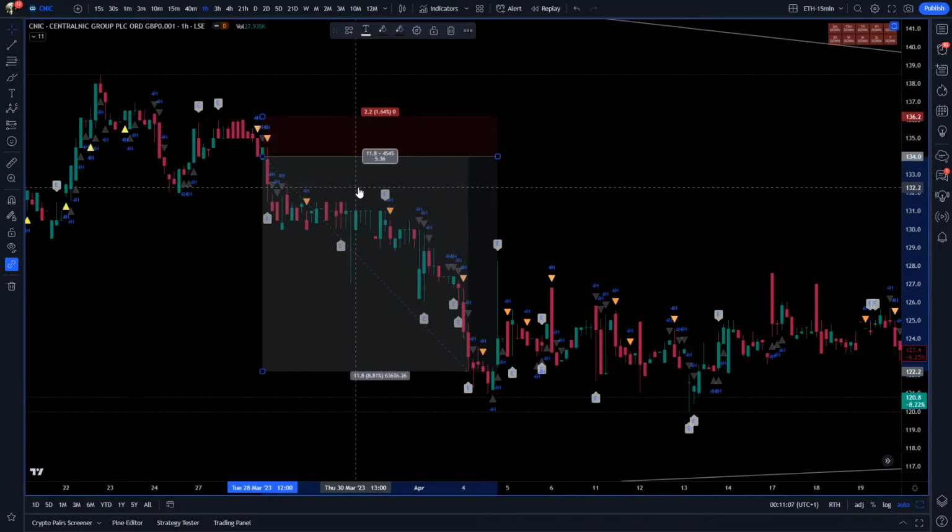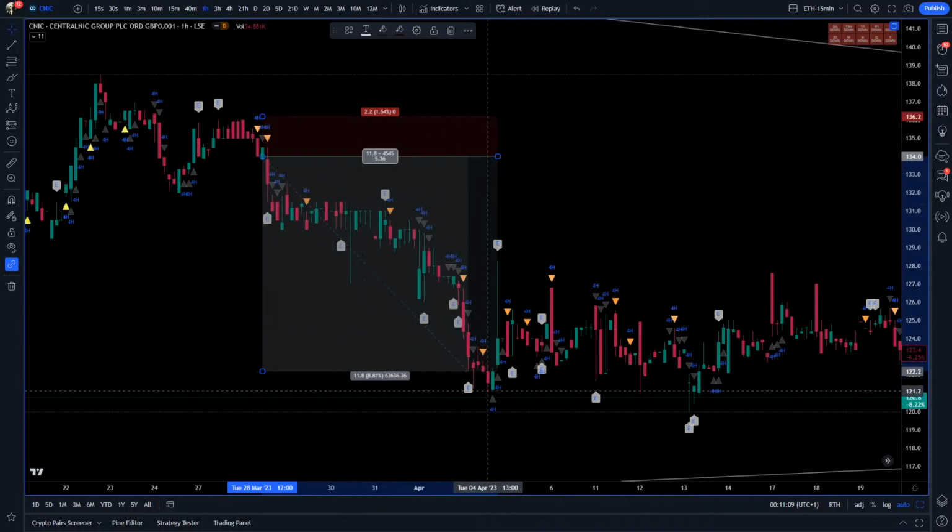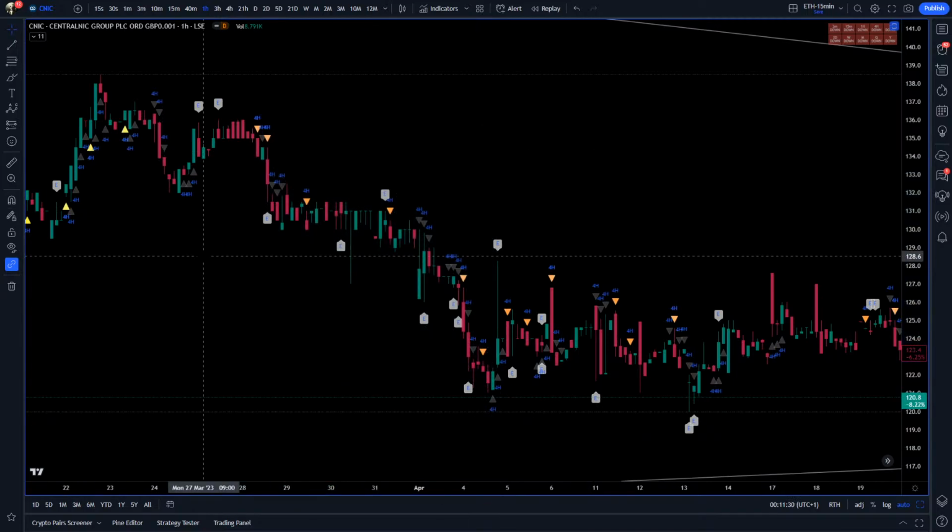Okay, so when there's a 4-hour gray signal, that marks the break of structure, that marks the reversal that's bound to happen, or that may happen, or that will happen. Let's say may happen. So you close your position based on that. Okay, or what I would do normally is that I would take it portion by portion.